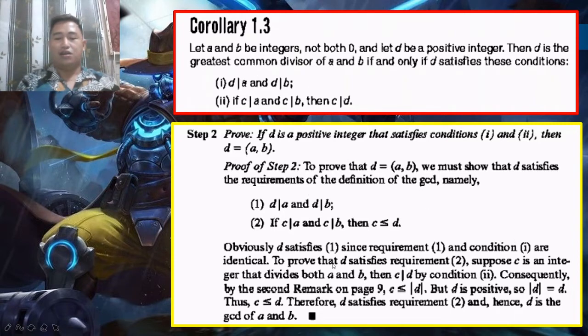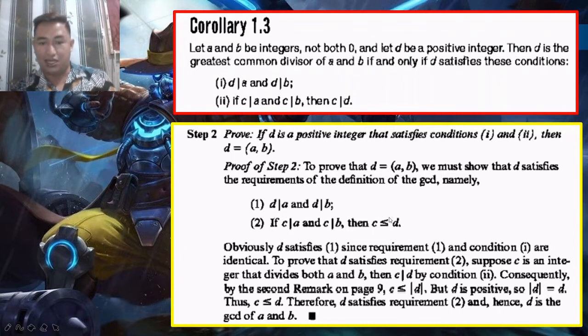They are the same. To prove that D satisfies requirement 2, we show that C is less than or equal to D. So suppose that C is an integer that divides both A and B. That is our assumption, and we must show that C is less than or equal to D. We can use that C divides D by condition 2.